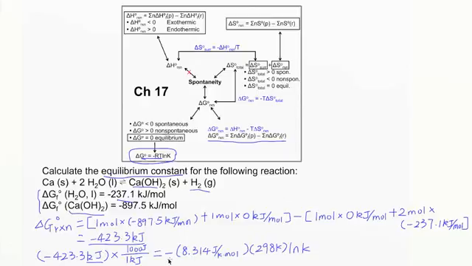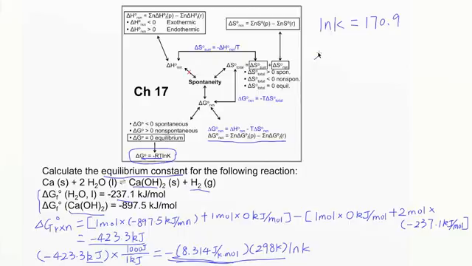And I'm gonna move to this area to continue my calculation. And if you do the calculation here, and if you divide the two sides by the whole item here, you get ln K equals to 170.9.